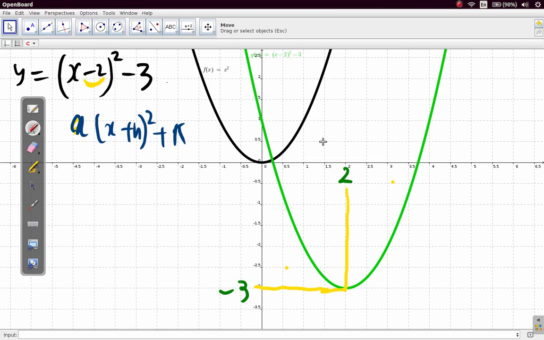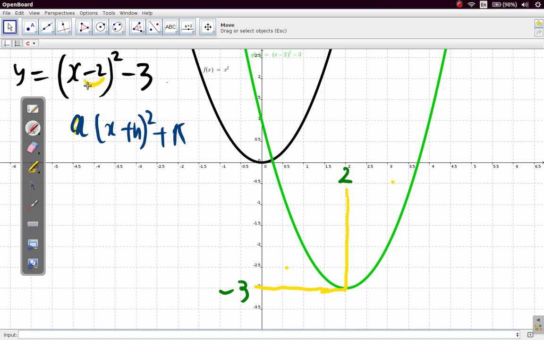In a previous video we looked at these two graphs. The green one is the graph of y equals (x minus 2) all squared minus 3, and the black graph is y equals x squared.